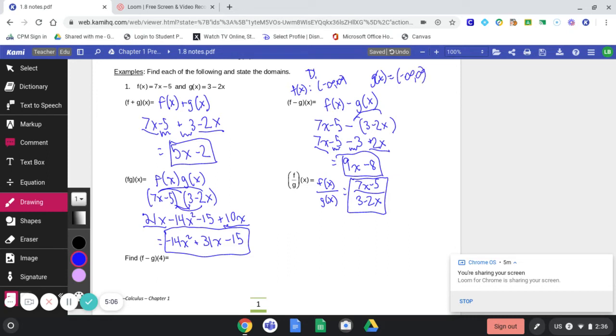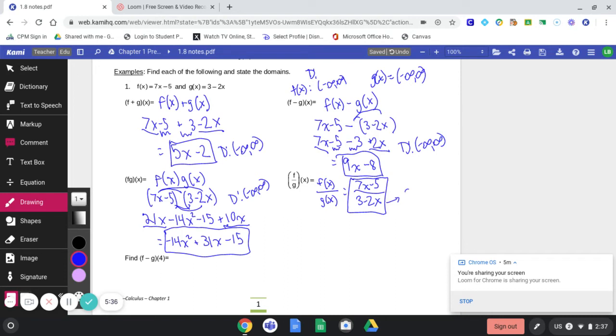So since both f of x and g of x have the same domain, that means when you add the two functions together, they will have the same domain. When you subtract them, and when you multiply them, they will have that overlap. Now, when you divide, that's the only tricky part. When you have this function here, we are now dividing by an expression. And remember, we cannot divide by 0.